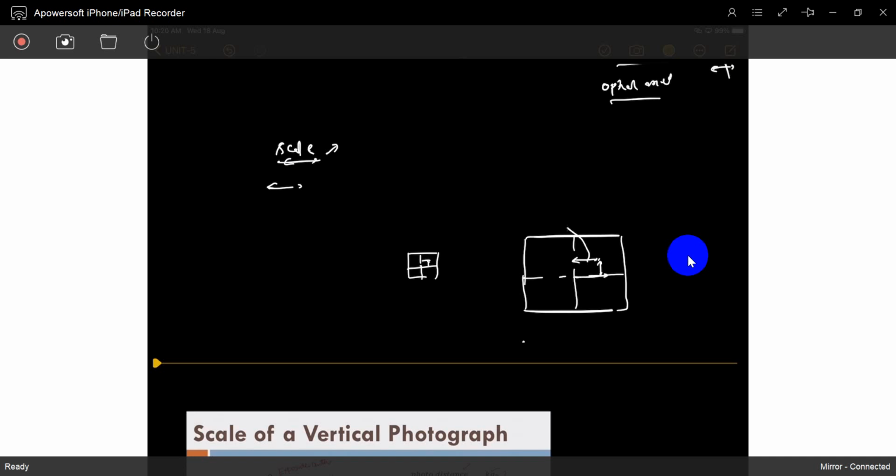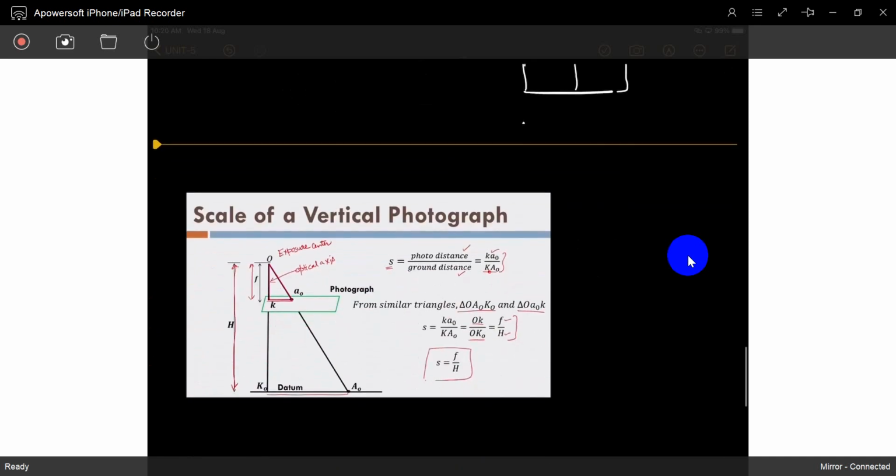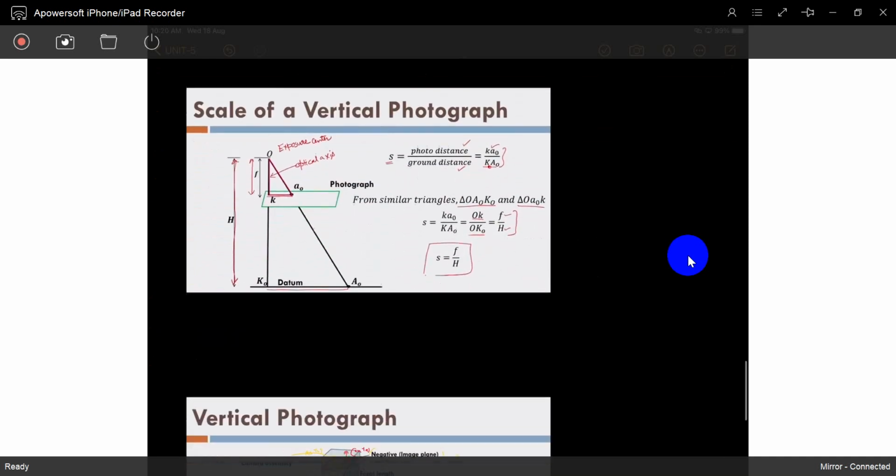So how much does the scale reduce, how does the scale relate ground distance to photographic distance, and what are the factors that influence the scale? That is the next topic, the scale of the vertical photograph. And we took this picture.